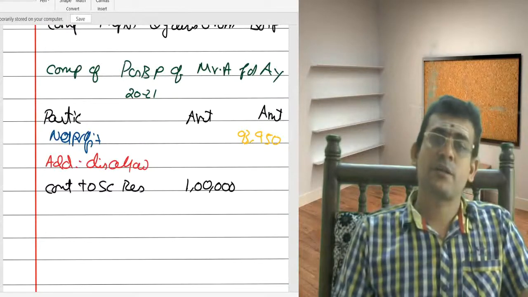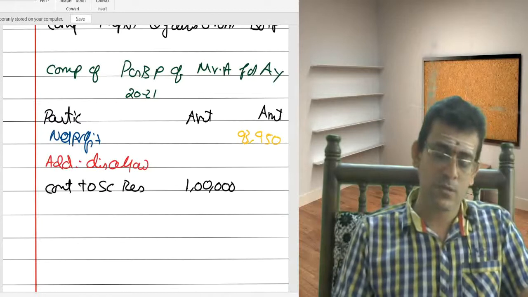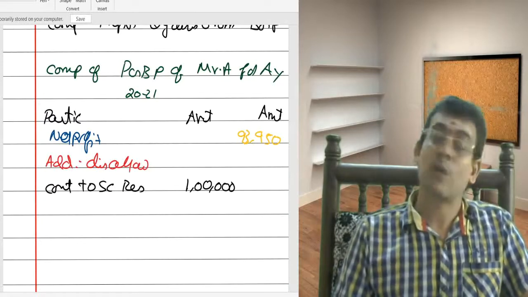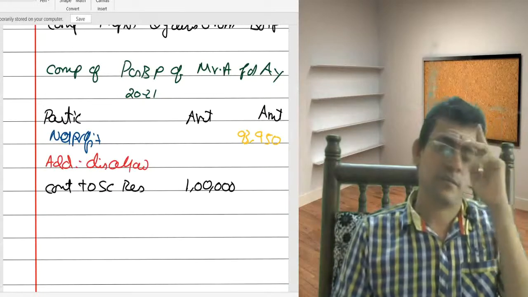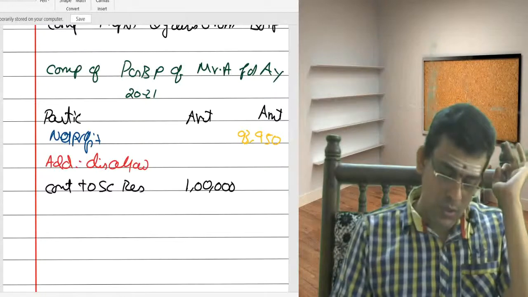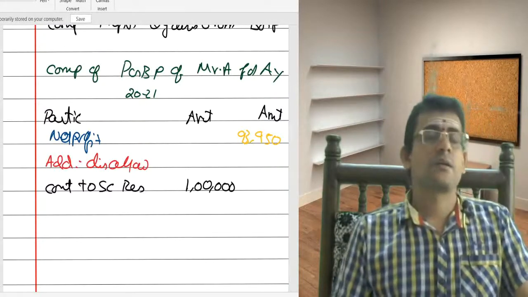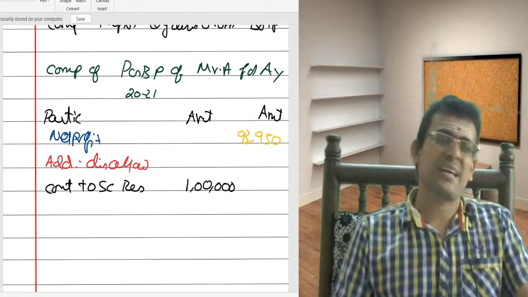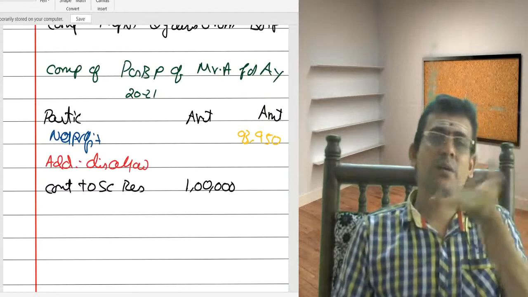What is the first adjustment? Repairs on plant. Repairs include 95,000 cost of raising a compound wall. See, when we were discussing section 30, we discussed two sorts of repairs: current repair and capital repair. Any sort of repair which is not a current repair is called a capital repair. So raising the height of the compound wall is not a current repair.